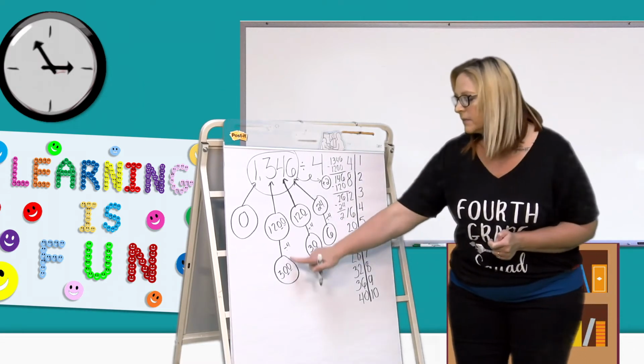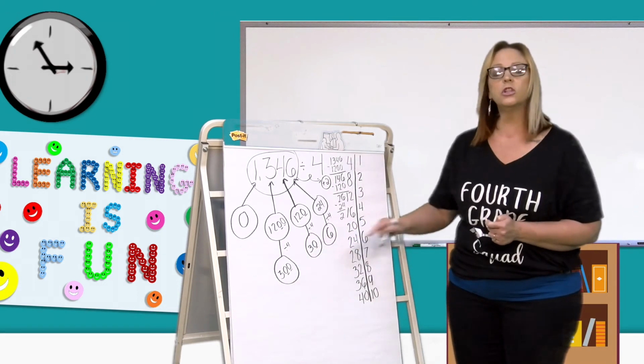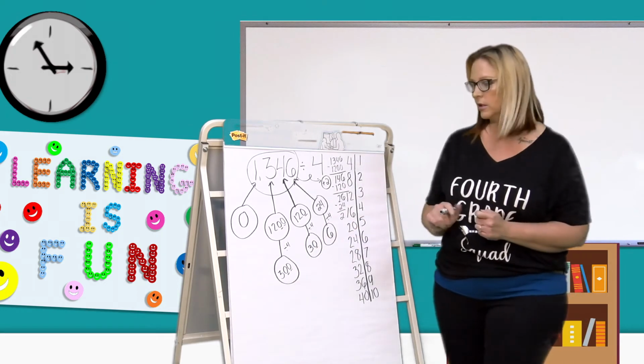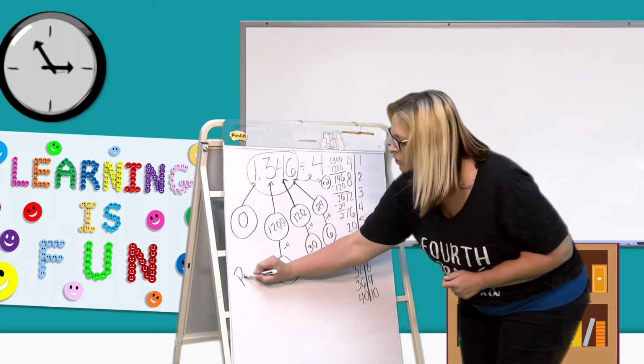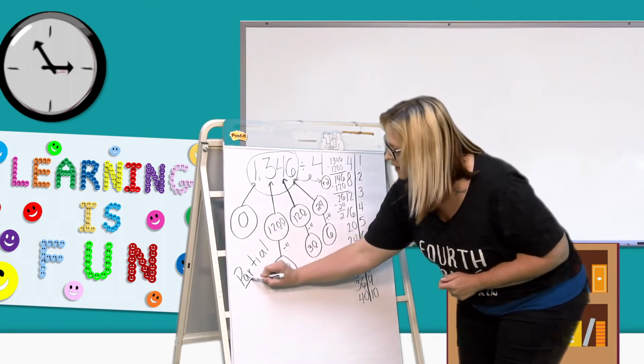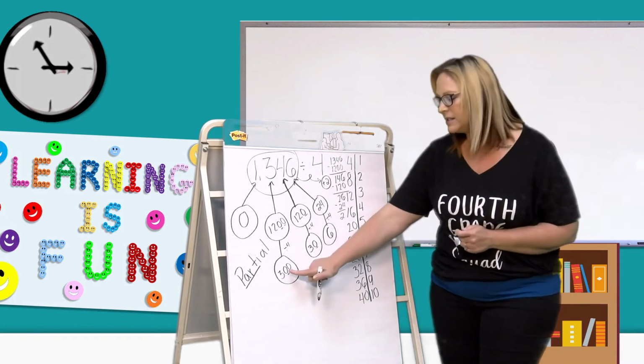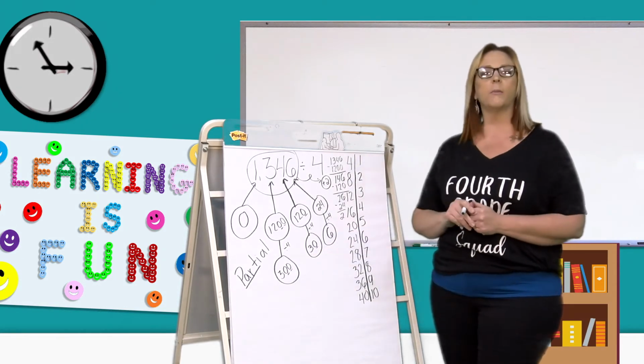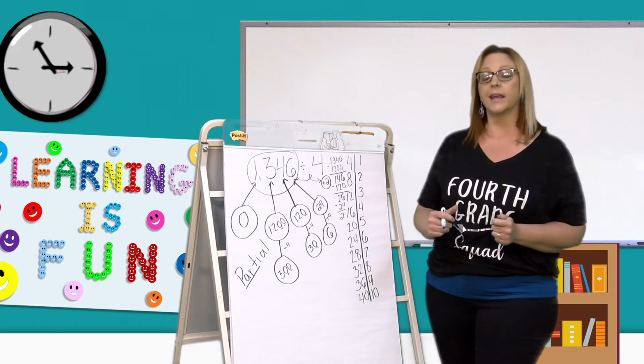Right here, I have partial quotients. Let's look at that word, partial. The beginning of that is part. That means these are each part of my quotient, part of my answer.